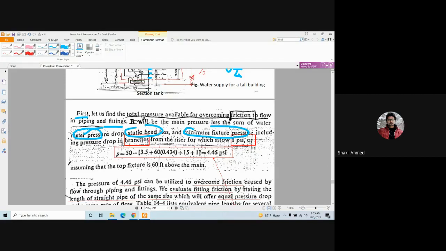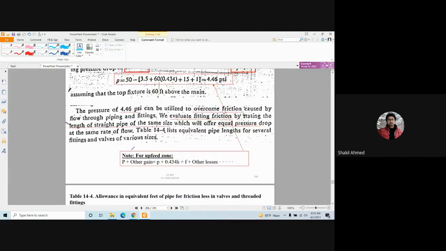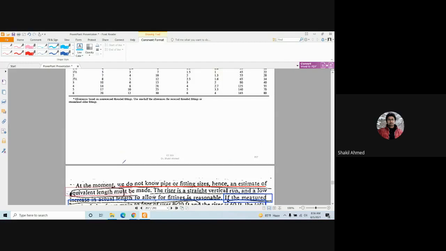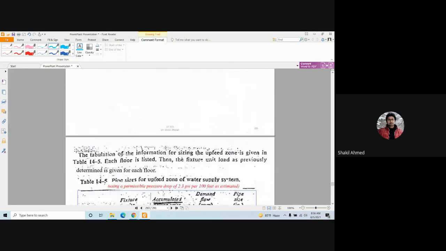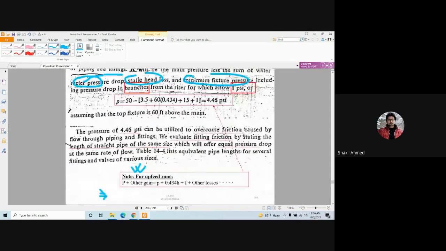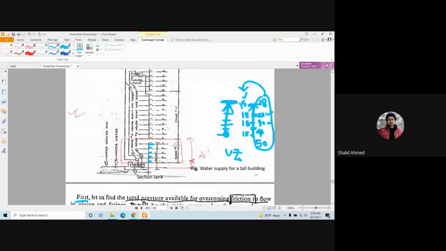Where is our formula? Our formula is this. For upfeed zone, input equals output. Now let's look at this. Our input here is the pressure coming from the main, and that is 50.